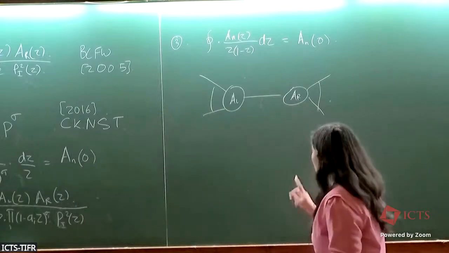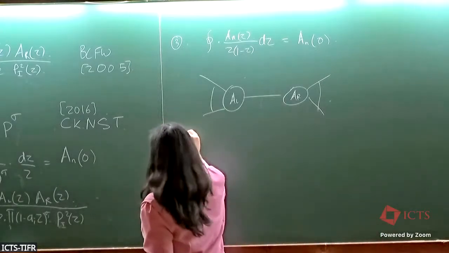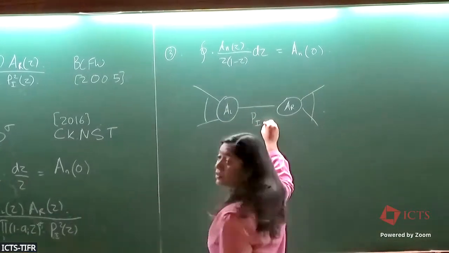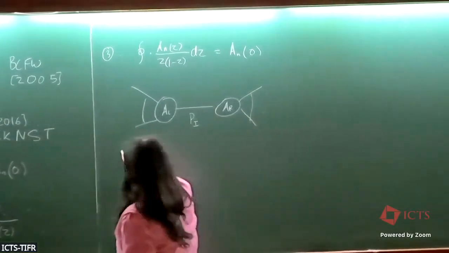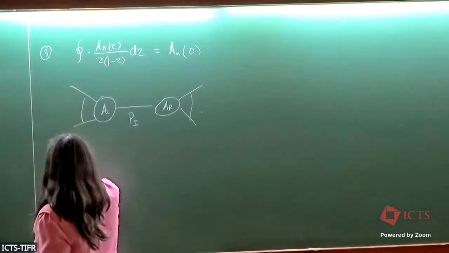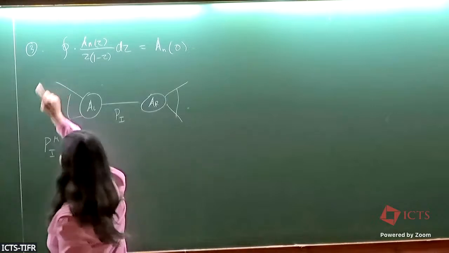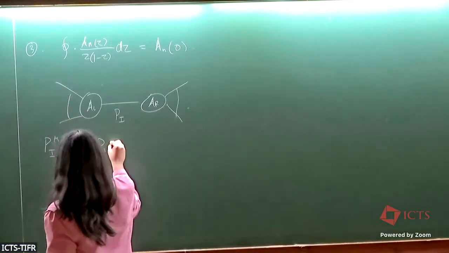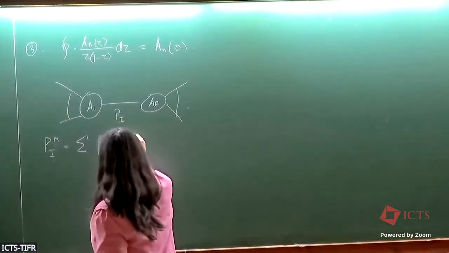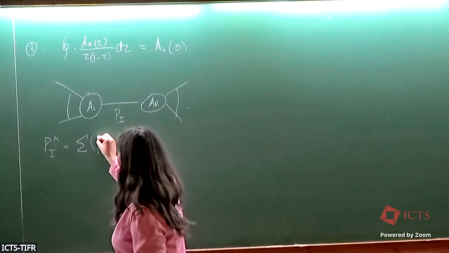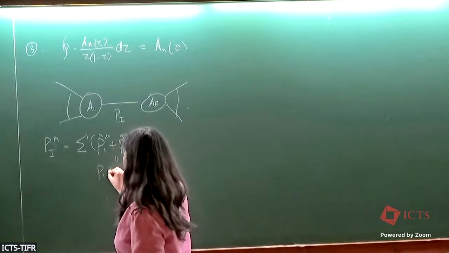But it's good you asked because there's another thing I should have mentioned, which is, this is P_I, your intermediate momentum, and P_I^mu is some sum over some subset of momenta, right? All of the momenta here. So if it contains, let's say, p_1 and p_2, then in BCFW this equals p_1 plus p_2.